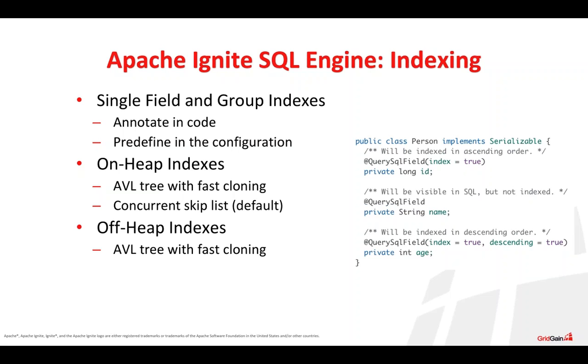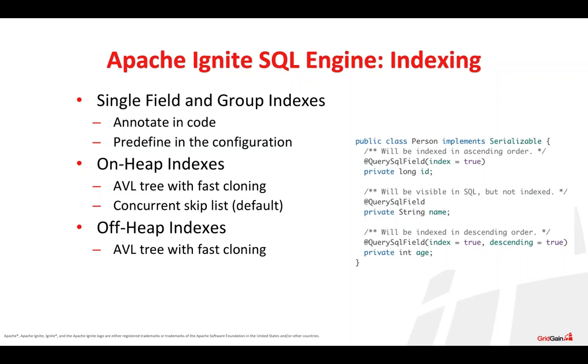However, for the case when all your data is stored out of Java heap, in the off-heap region of the cache, Ignite provides only the AVL tree-based implementation for the indexes.